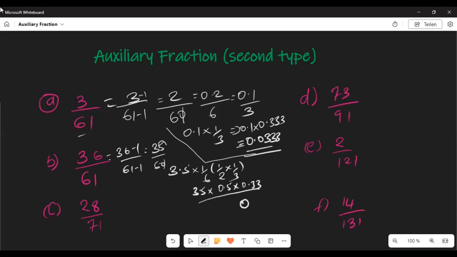We have 0.5775. That's our answer. But you see, you don't need a calculator in this case. You are using the same methods just to simplify your figures, and after simplifying, everything is easier and you can continue.